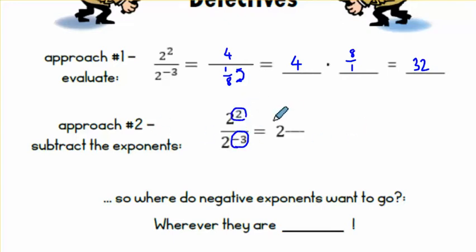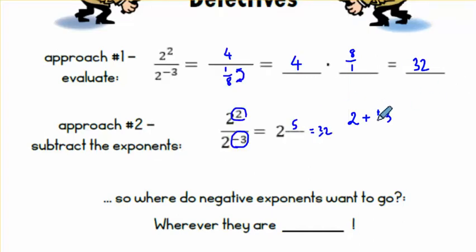Okay? Well, let's think about what if we subtracted these exponents. Since we are dividing, we would subtract the top number minus the bottom number. We would leave, change, opposite, and we get that that is 2 to the 5th power, which of course is 32. So let's look and see. Let me change my color for a second just so I can point this out.